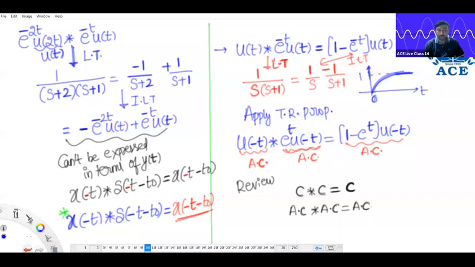I am discussing some more funny concepts from this formula. Observe carefully.